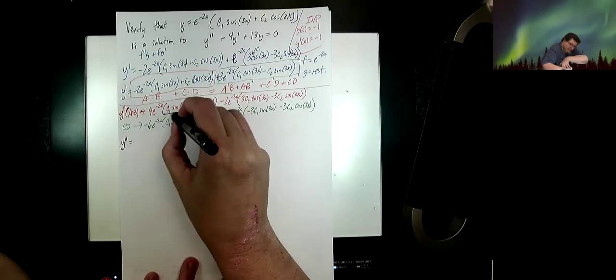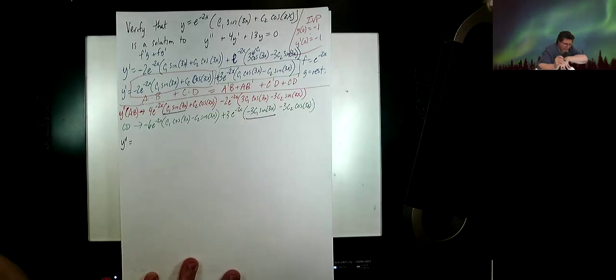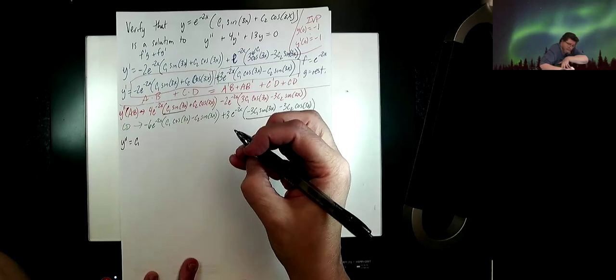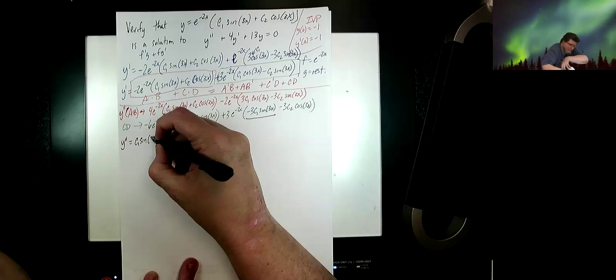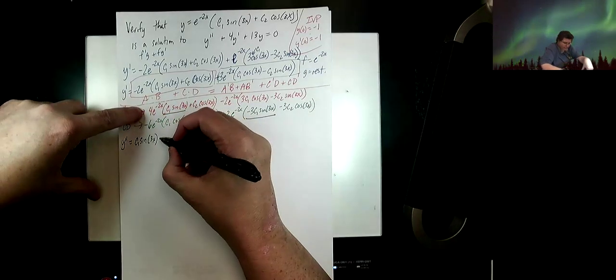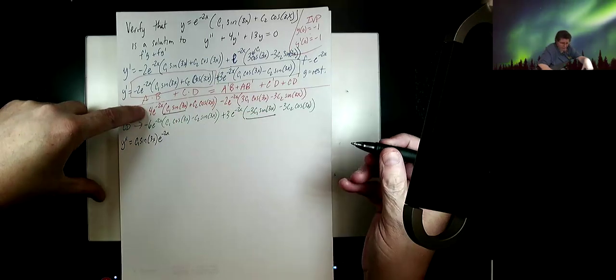Like this is a C1 sine 3x, and this is a C1 sine 3x, so I'm going to underline them as I do them. I've got C1 sine of 3x times, there's an e to the negative 2x, and I'm writing this in a funky order.